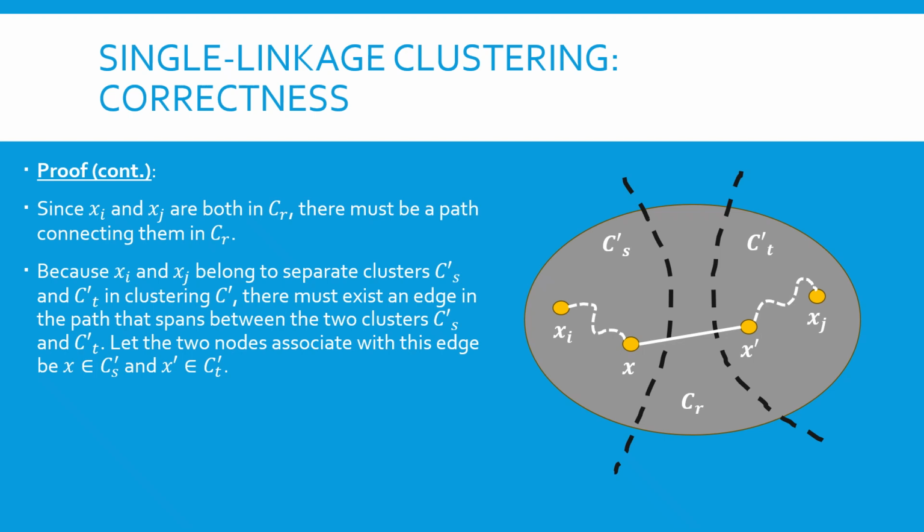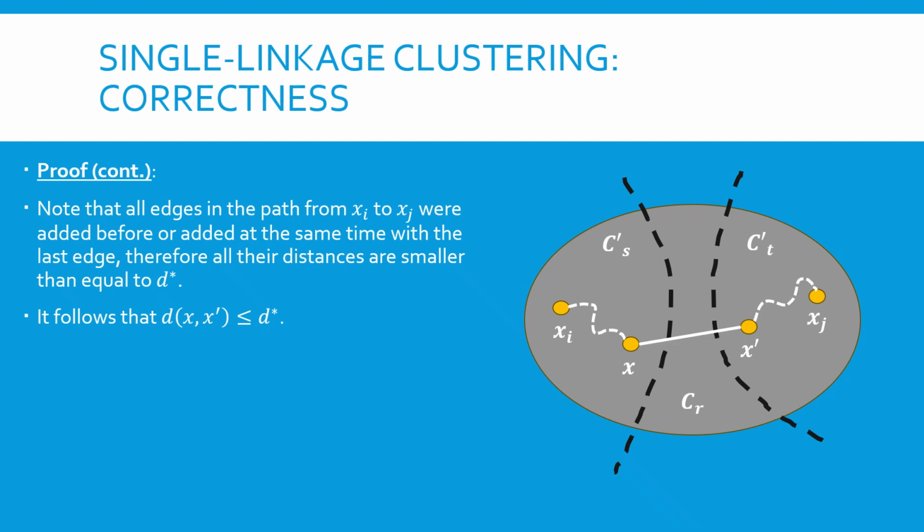Let the endpoints of this crossing edge be x and x prime. Since x and x prime are both in cluster CR, their distance dxx' is an in-cluster distance for the greedy clustering C.